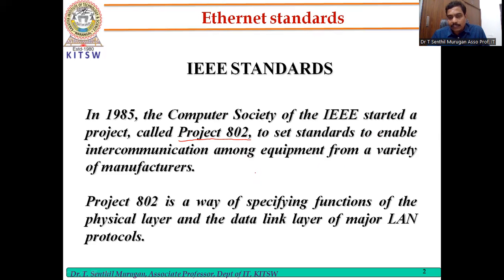So they decided some standards for computer networking, and that project is called Project 802. In the case of Ethernet, the standard number is 802.3. Wherever we see IEEE 802.3, that means a wired network, a wired LAN. Like that, they defined the standards for networking.